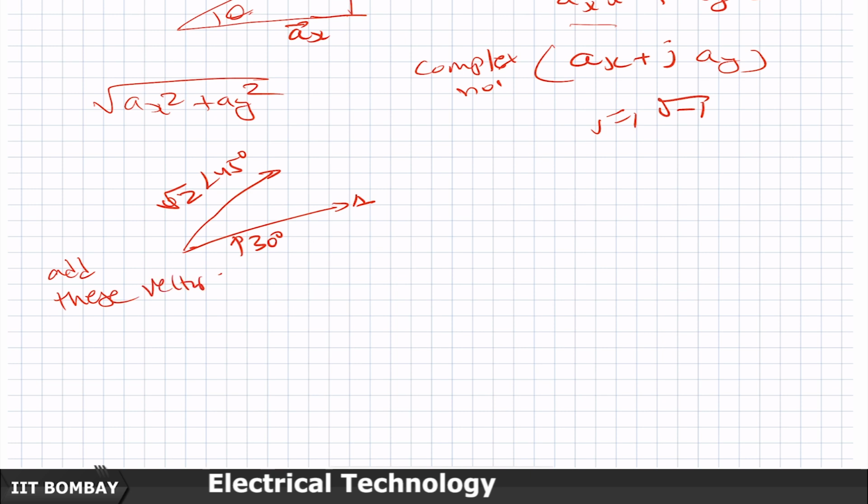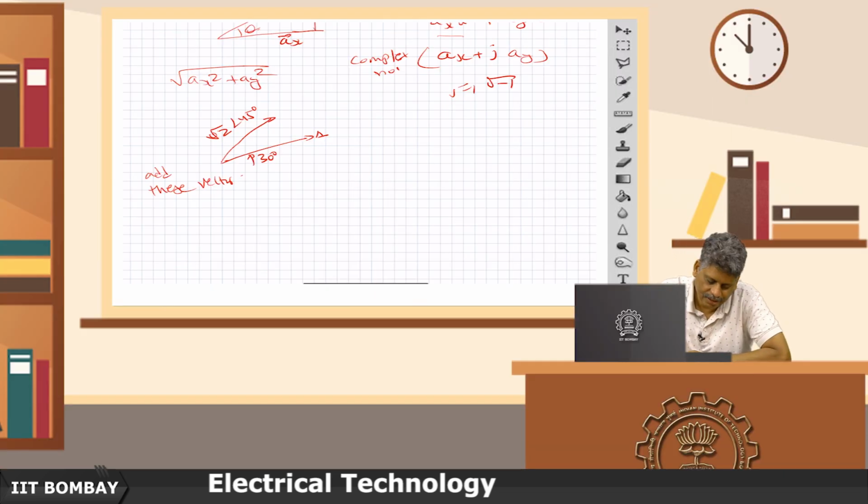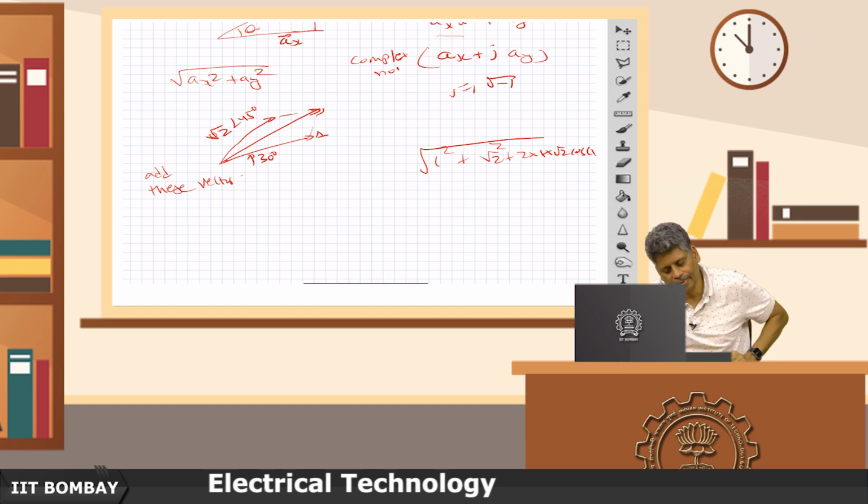One way is that you would say the parallelogram law can be applied, and the angle between the two vectors is 15 degrees, and so the length of the vector is the square root of 1 square plus root 2 square plus 2 into 1 into root 2 into cos of 15 degrees, and then you will calculate the angle by doing the appropriate projections. This seems to be a pretty cumbersome thing to do.